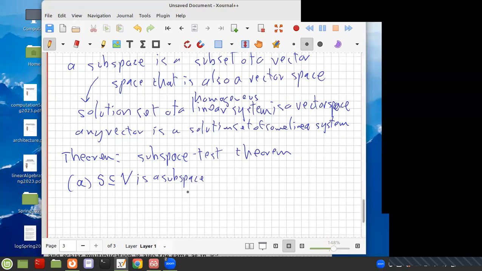Well, it's already a subset, so this is just the claim that it's a vector space. This is the concept. But the practical test is that any linear combination of elements of S is in S.